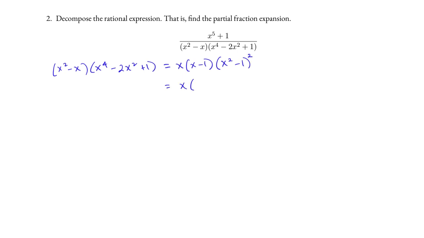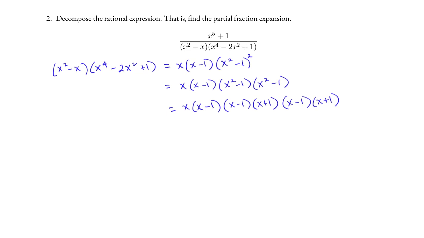This is x times x minus 1 times x squared minus 1 times x squared minus 1, which we can factor further. x squared minus 1 is x minus 1 times x plus 1. And the second x squared minus 1 is x minus 1 times x plus 1.